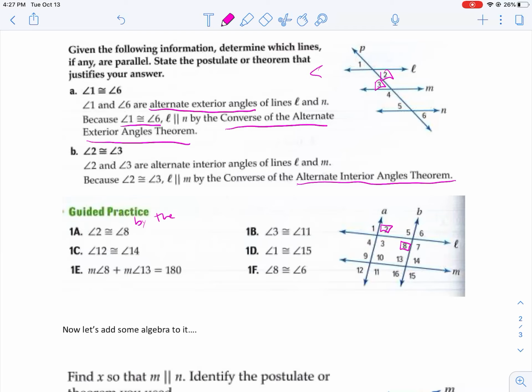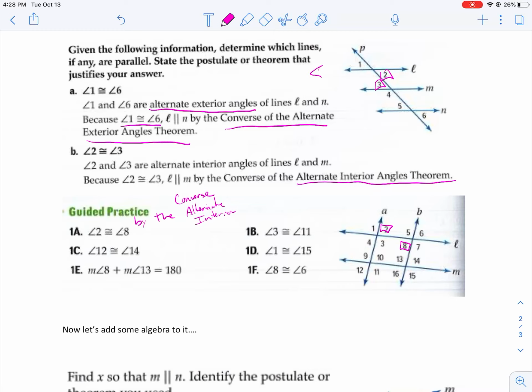Okay, those are alternate interior, by the converse of the alternate interior angles theorem.